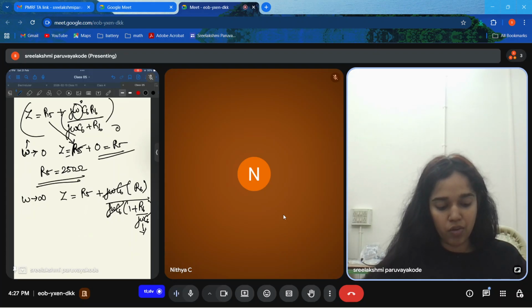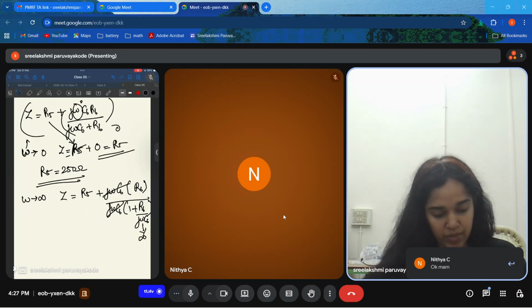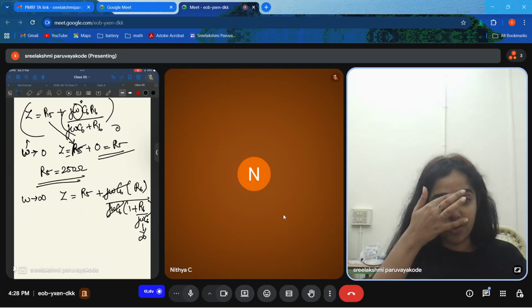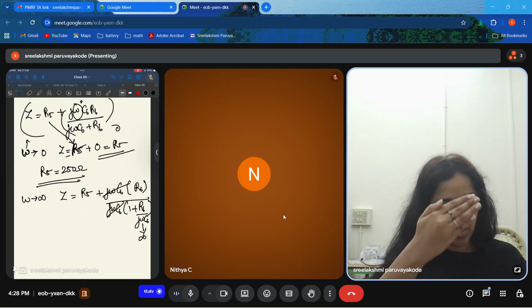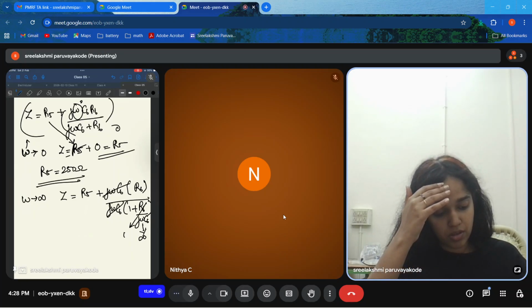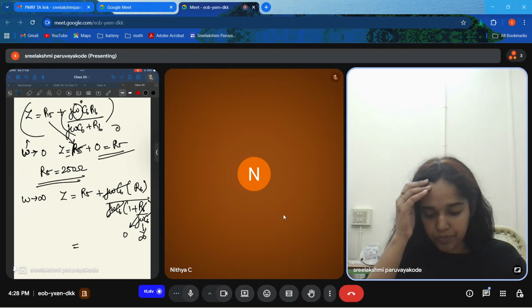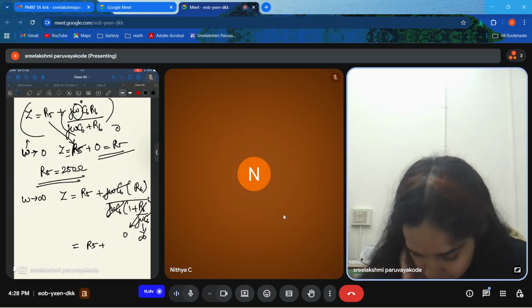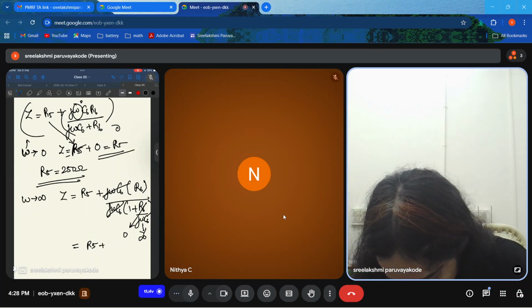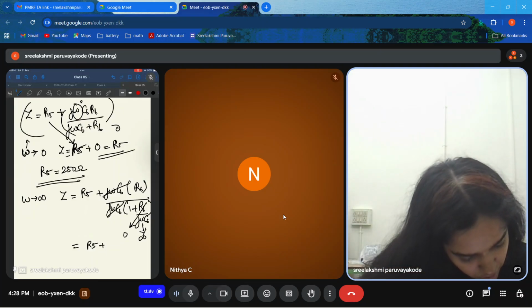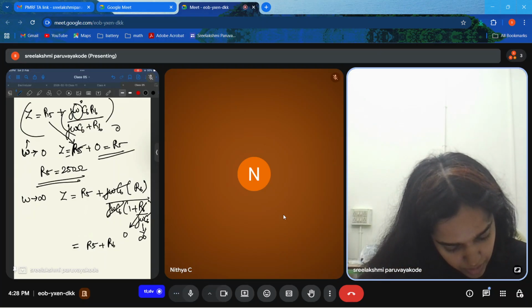Now you have to find what happens when omega tends to infinity. In the same way I'm simplifying it. Omega tends to infinity means 1 by omega becomes 0. This value tends to 0 and you will get R5 plus R6.